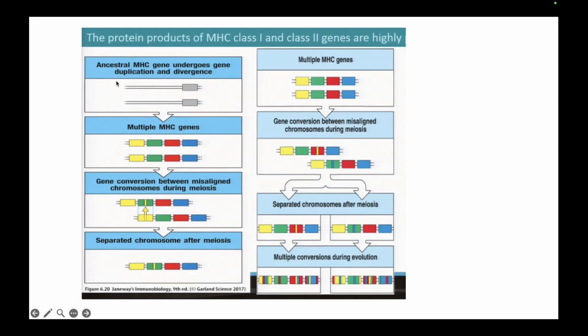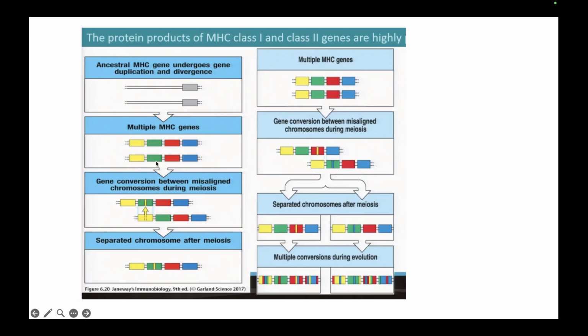Let's understand. From the very beginning, the ancestral MHC gene is shown. The ancestral MHC gene undergoes gene duplication and divergence. Initially there is only one gene. Then it underwent further gene duplication, as I was saying, polygeny.